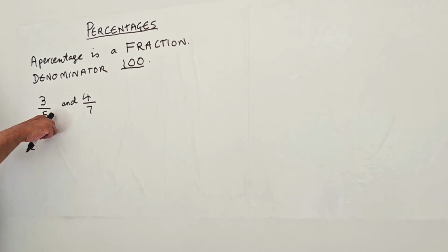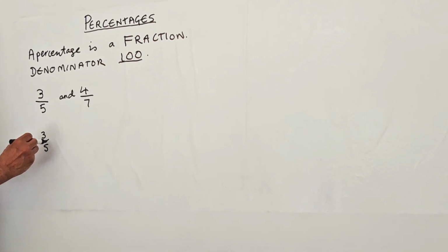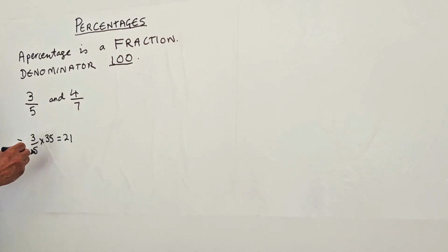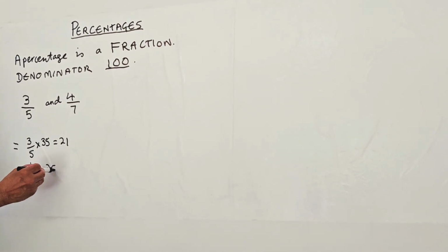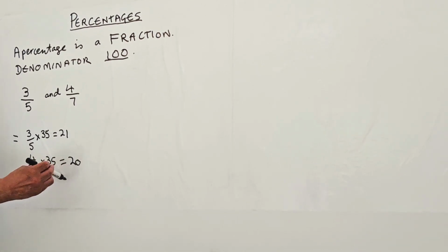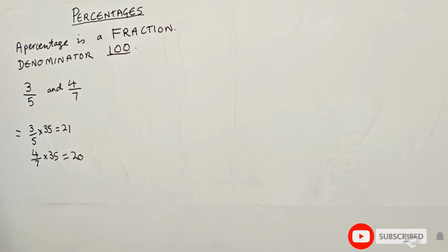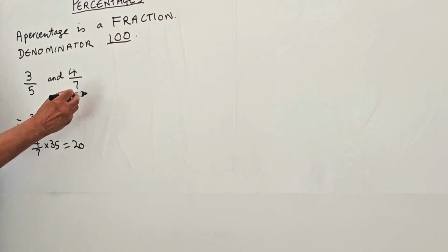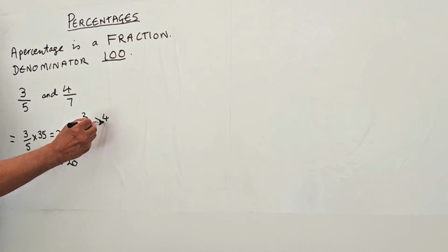Multiply both of these by 35. 3/5 times 35 will come to 21, and 4/7 times 35, 7 5s are 35, 4 5s is 20, so it comes to 20. So they are very nearly equal when you multiply them by 35, but this one tells us that this one is very slightly larger than that. So 3/5 is greater than 4/7.